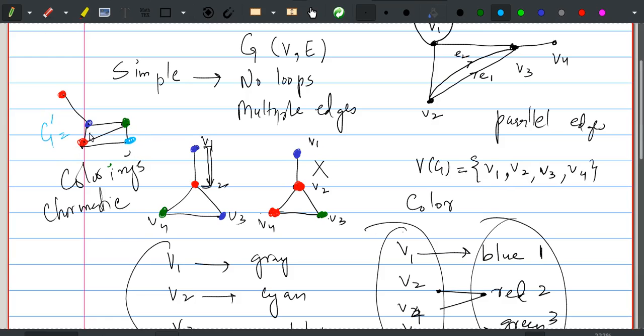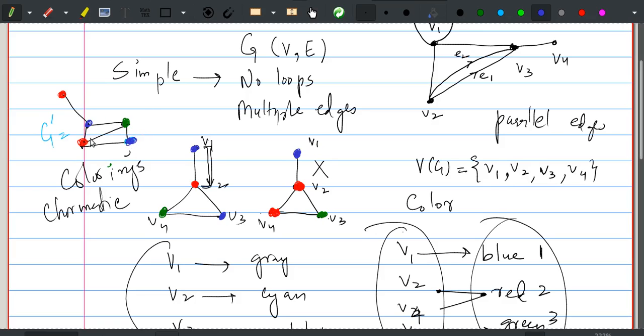Now we have to look again at this coloring and check whether it can be reduced to some smaller number. As far as this part is concerned, we have consumed three colors here. So I can paint this vertex with blue color, and I'm still good.